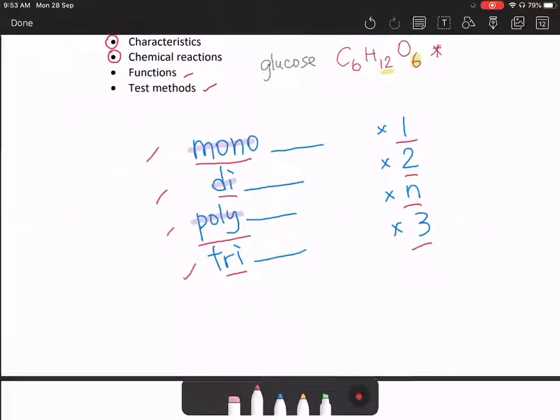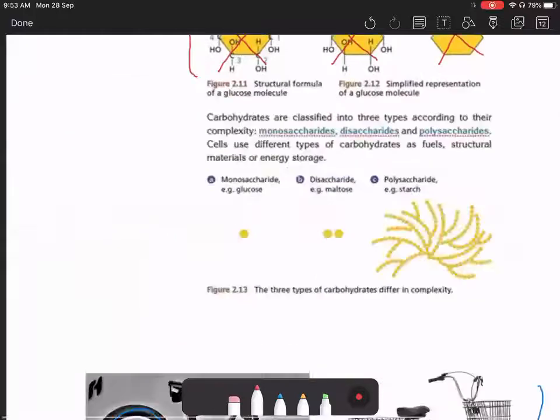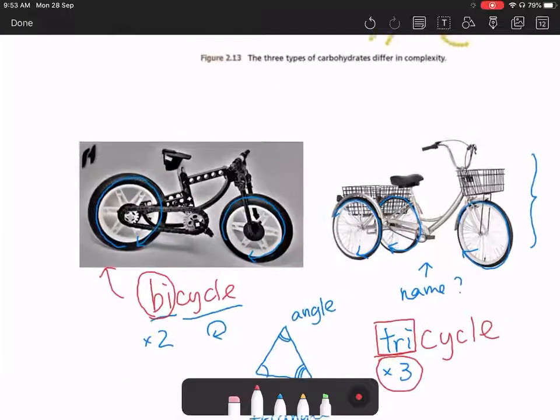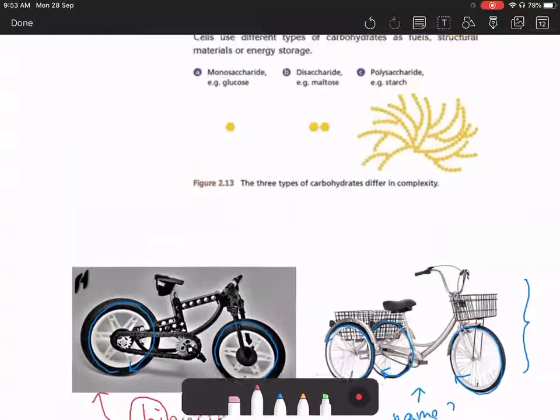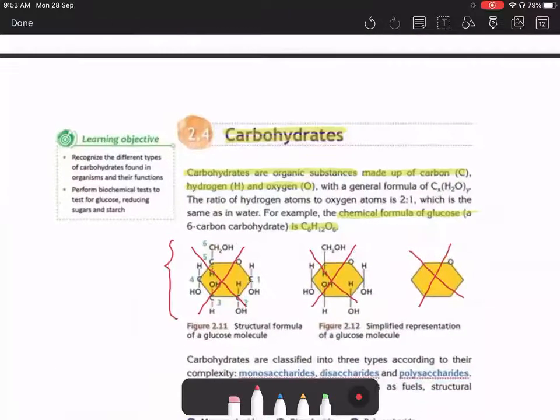And last time we had the pictures, bicycle, tricycle, right? And then we know that for carbohydrates, there are C, H, O and the formula of glucose. Bear that in mind, C6H12O6.